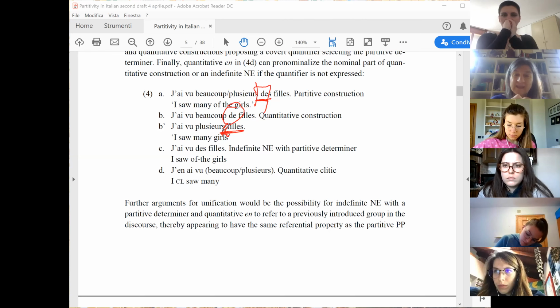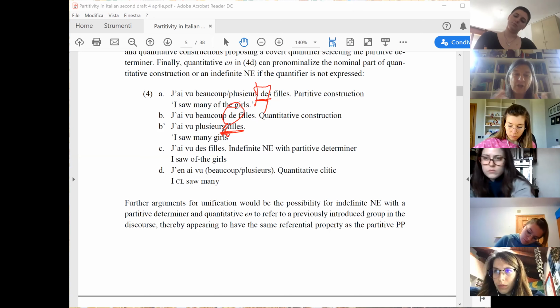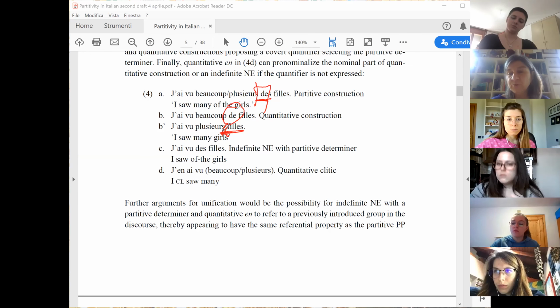So it's really insightful. So he says, well, this de is obligatory. And so in a generativist perspective, you can imagine that there is a zero de, right? They were starting to use zero categories.